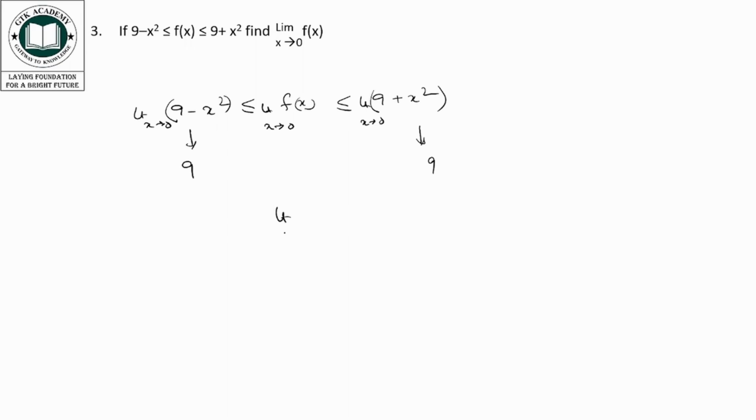That means limit x tending to 0 of f(x) is sandwiched between 9 and 9. So this implies that limit x tending to 0 of f(x) is equal to 9. So that's the answer.